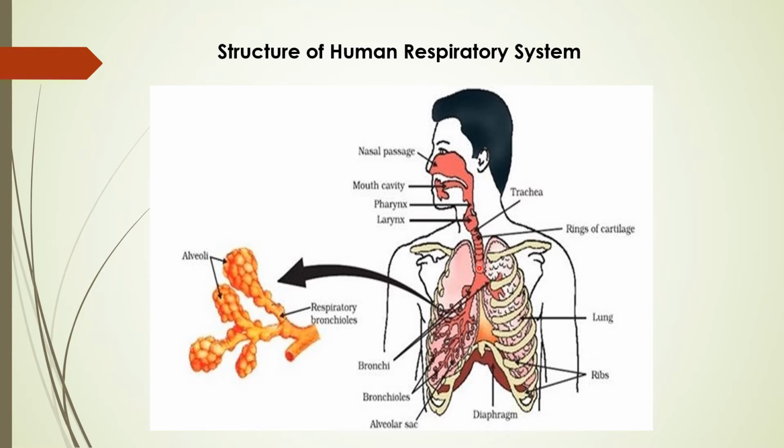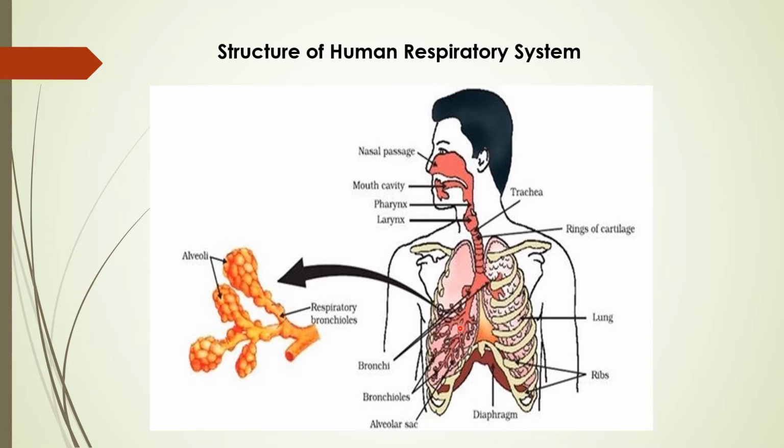Now the trachea divides into two smaller tubes that we call the bronchi. You can see the bronchi there, one towards the left and one towards the right lung. After entering the thoracic cavity, these extend into the lungs.